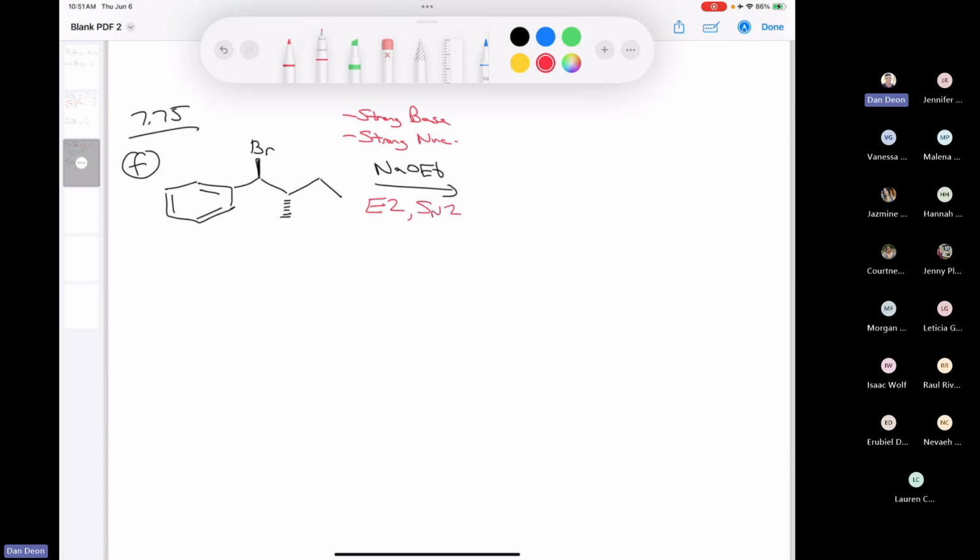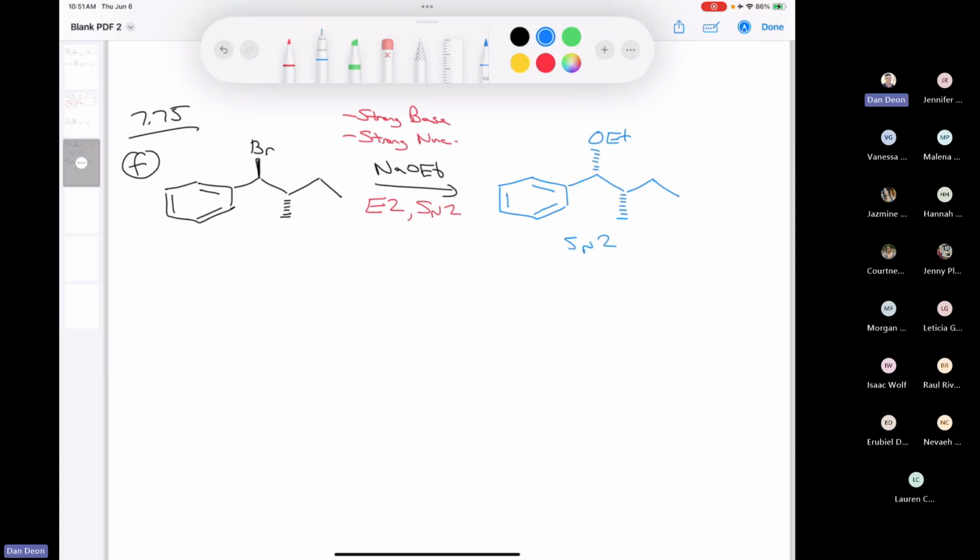Now the SN2 product, for that, all you have to do is invert the stereocenter and replace the bromine for the ethoxy group. So we just have to do this. So we'll change the wedge to a dash, put in our ethoxy group, keep this methyl group intact, and then have something like this. That is our SN2 product.